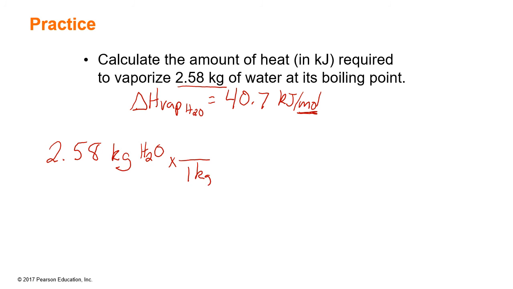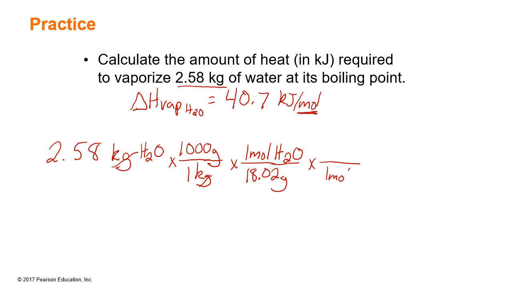So 1 kilogram, kilograms are larger, so it takes more grams. And then using the molar mass of water, so 2 times the mass of hydrogen plus 1 times the mass of oxygen is 1 mole of water. Now that we're in moles, we can use our heat of vaporization.